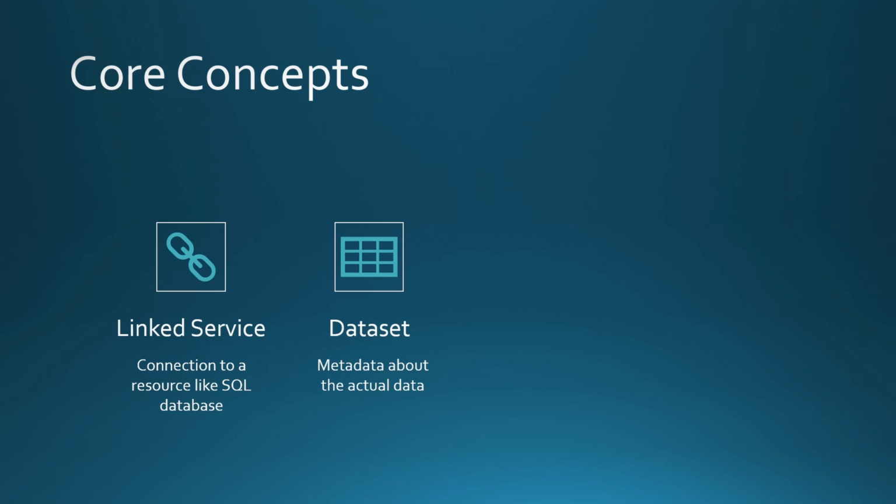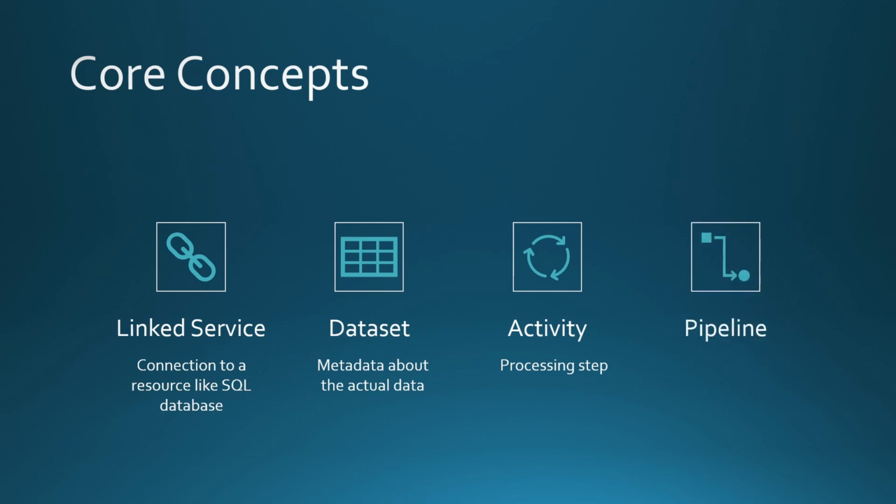Then we have an activity. Basically, this is your processing step in a data pipeline. And then finally, we have the pipeline that logically groups activities together and forms your actual data pipeline. And now let's digest all of these concepts a little bit more. Let's start with the linked service.